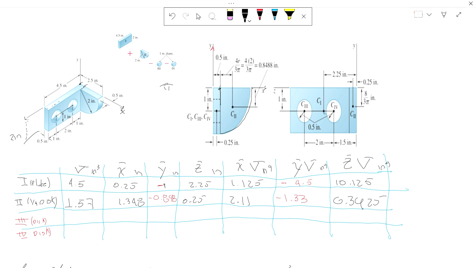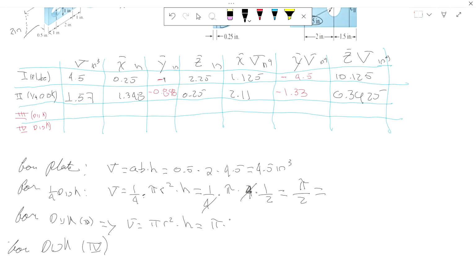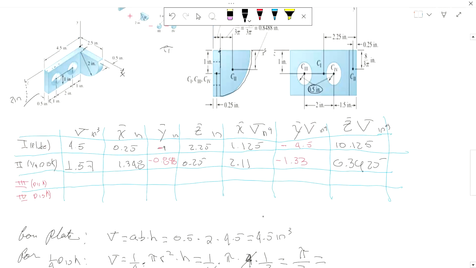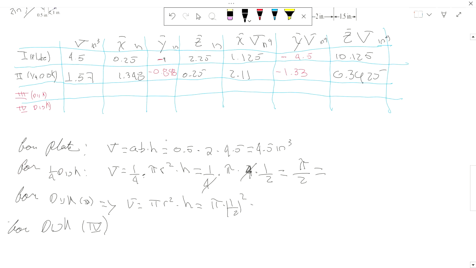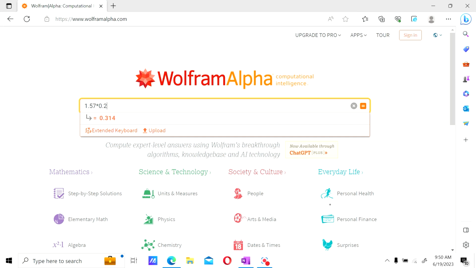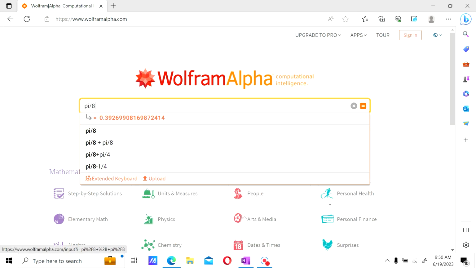Let's see, 0.5 is right here. So the radius is 0.5. So 1/2 squared times the depth, which is 0.5, which is 1/2. This is pi over, 1/2 squared is 1/4, times 1/2 is pi over 8. And pi over 8 is 0.392.